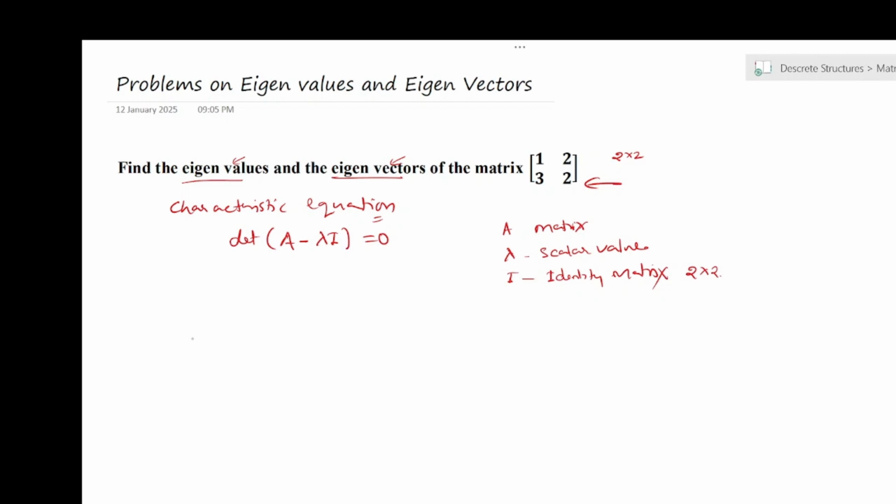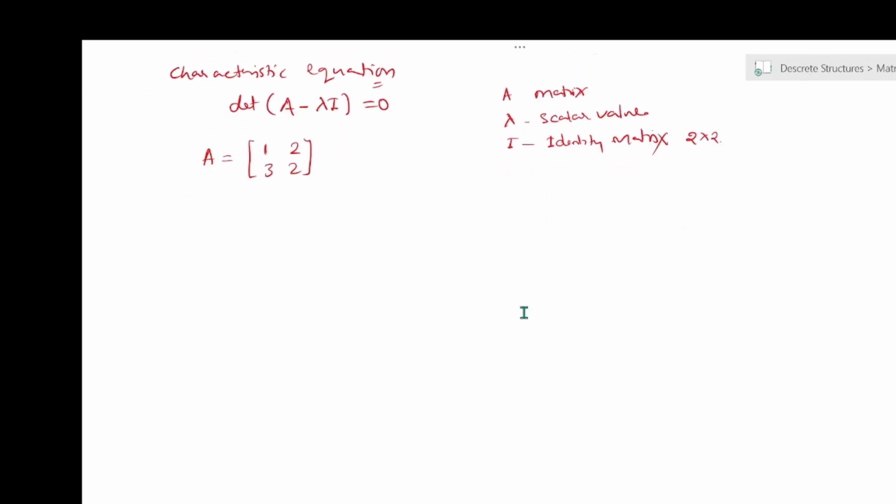Now what we are going to do is consider A equal to the given matrix [1, 2; 3, 2], and here we do not know the value of lambda. Lambda is actually the eigenvalues. We need to find the eigenvalues from lambda, and for that we need to substitute A into this.